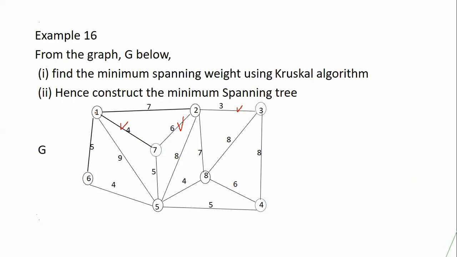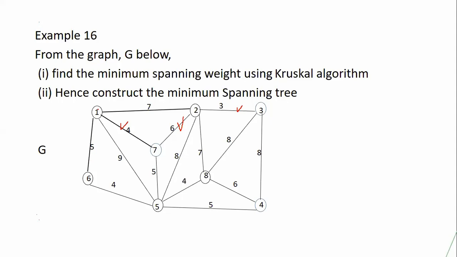So at 1, the adjacent edges now are 5, and the weights are 5, 9, 7. 4 is already used, so we have 7, 5, 9.